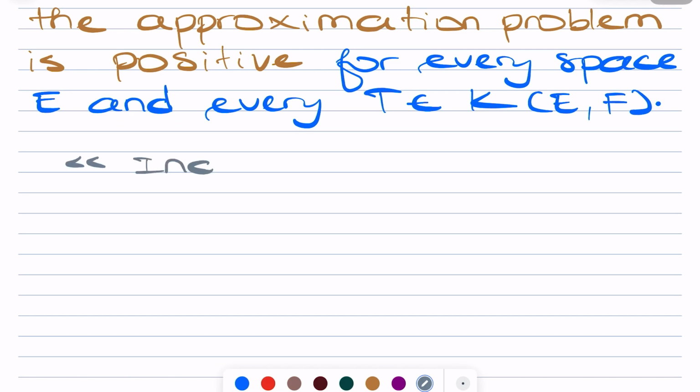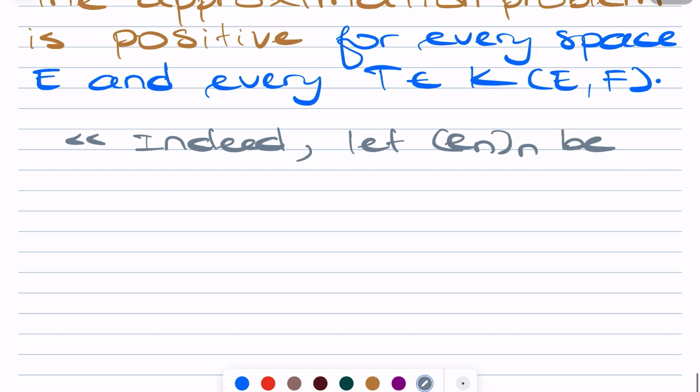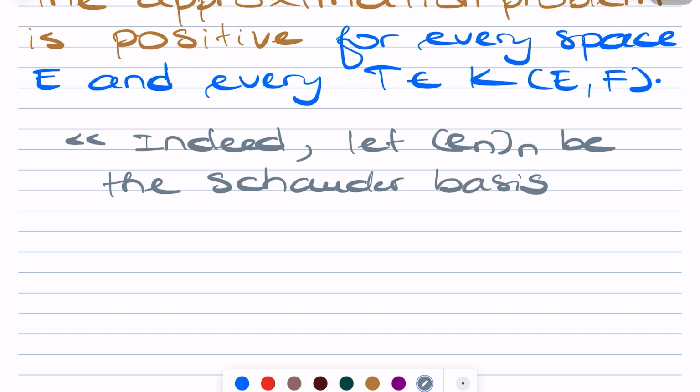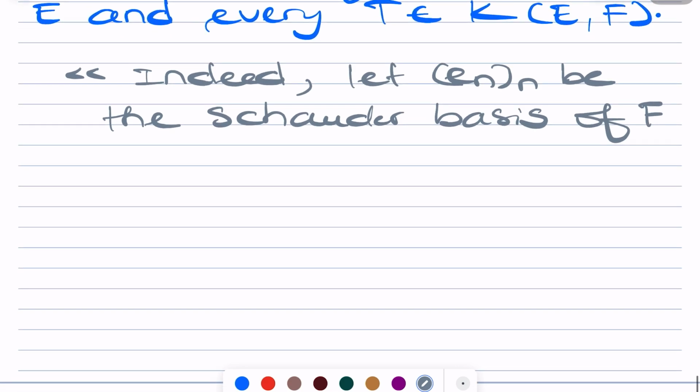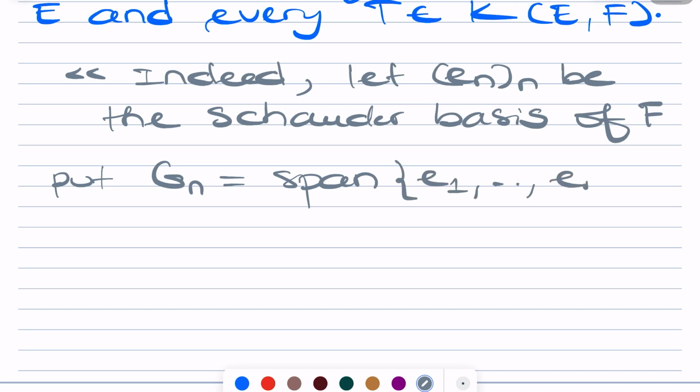Indeed, we assume that F has a Schauder basis, so let e_n be the Schauder basis of F. Now put G_n to be the span of the vectors e_1 up to e_n.